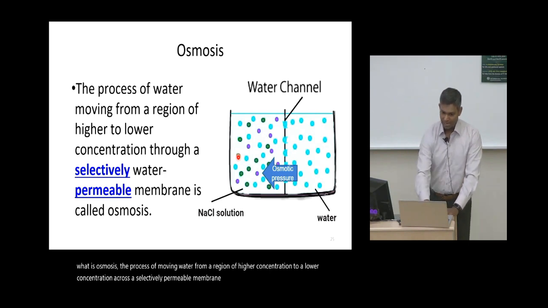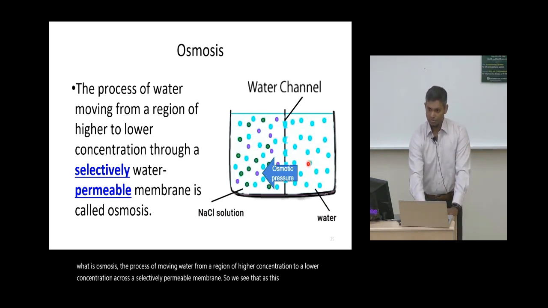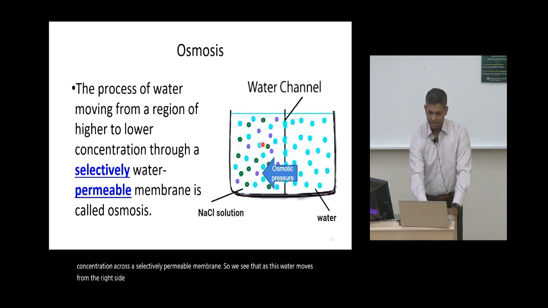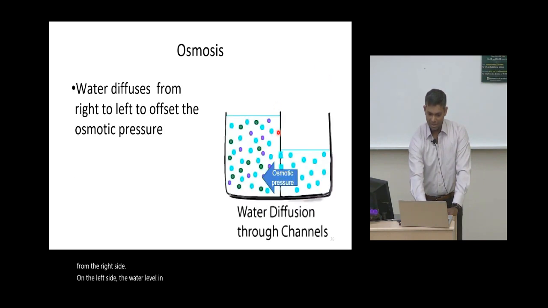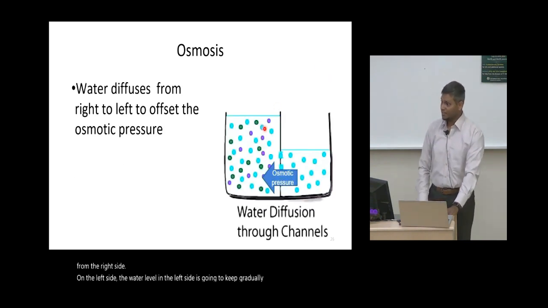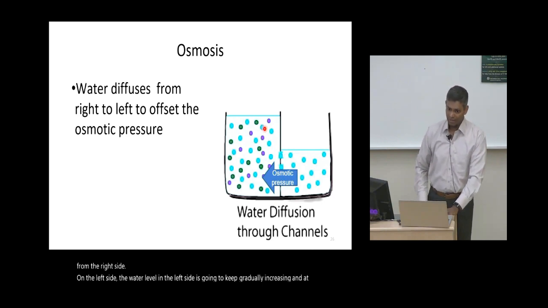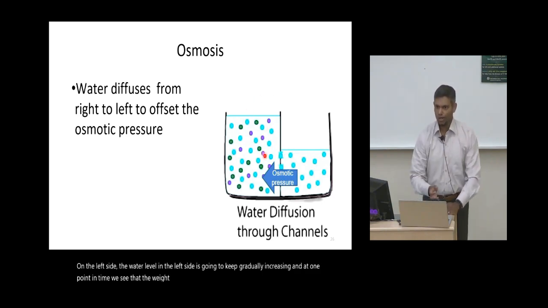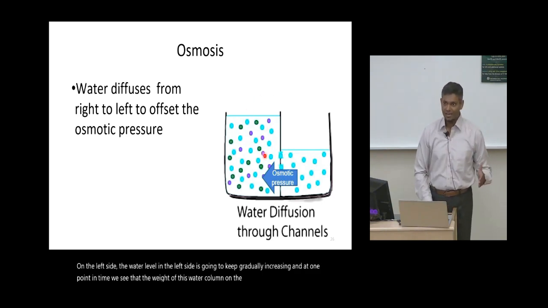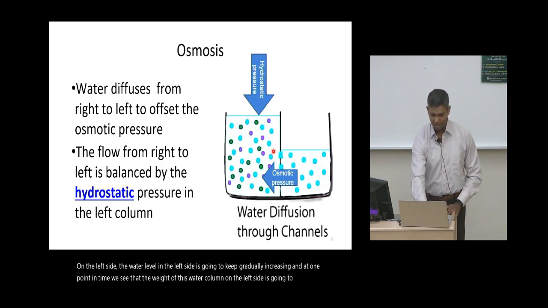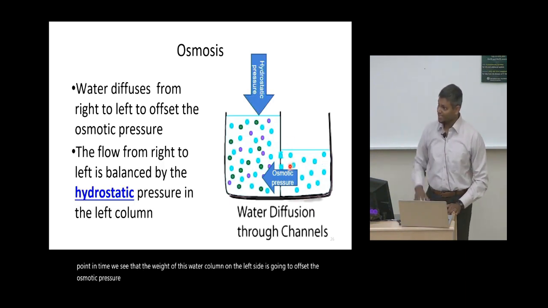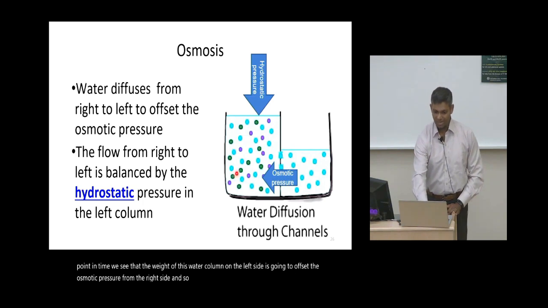So we see that as this water moves from the right side to the left side, the water level in the left side is going to keep gradually increasing. And at one point in time, the weight of this water column on the left side is going to offset the osmotic pressure from the right side. And so this is what is known as the hydrostatic pressure.